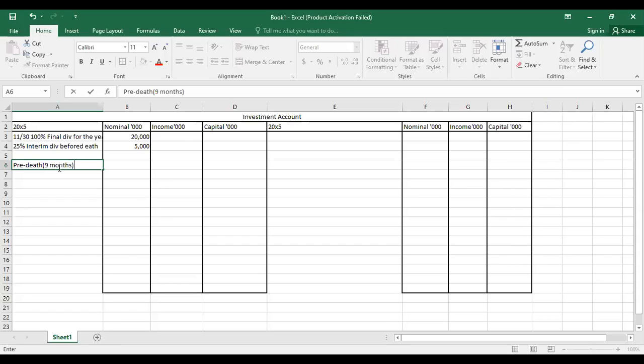How did you arrive at that figure? Don't just give us a figure. You need to support it. Okay, I took the 9/12 times the nominal value, which is 20,000.